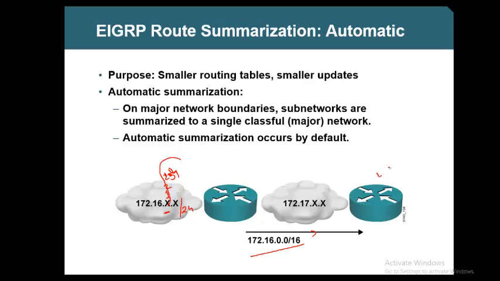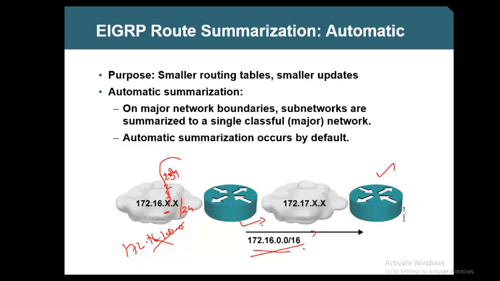Secondly, the receiving router is processing just one line, 172.16.0.0, instead of 254 lines. And if any subnet fails, for example, the 172.16.100.0 network went down, there is no need to send an update. Why?